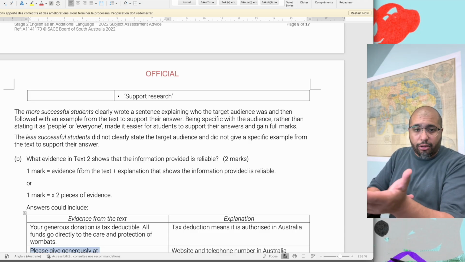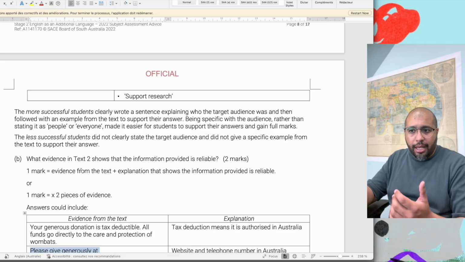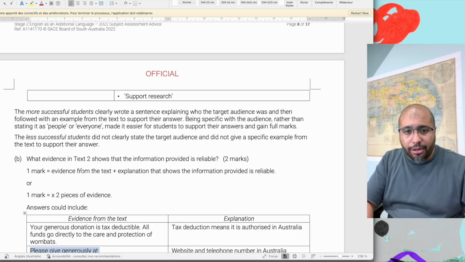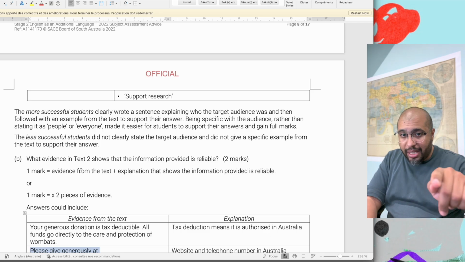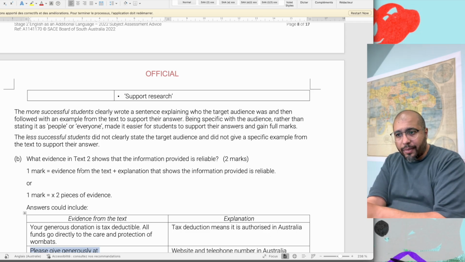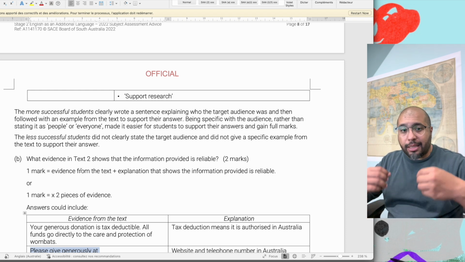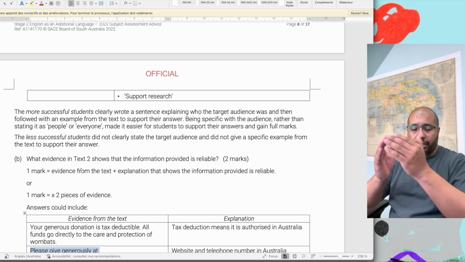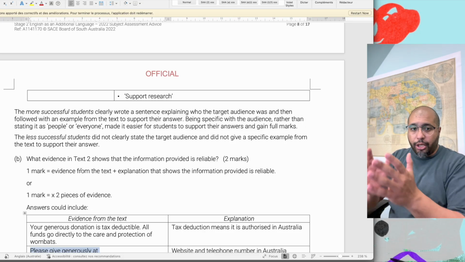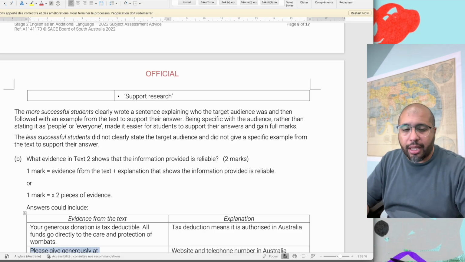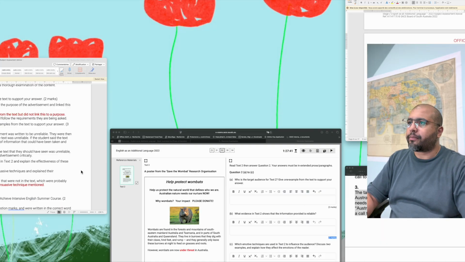Do you understand the question? Do you understand the text? And is there evidence of that in your answer? Do you have the ability to analyze the text? And do you have the ability to incorporate elements from the text in your response? If you can do this, you will achieve a full mark every single time.